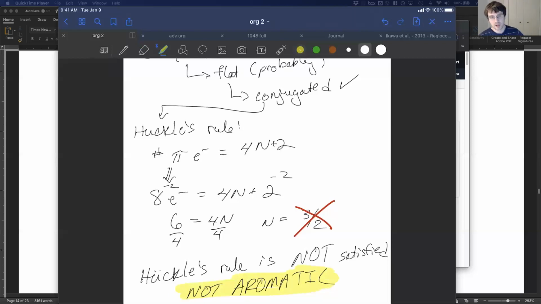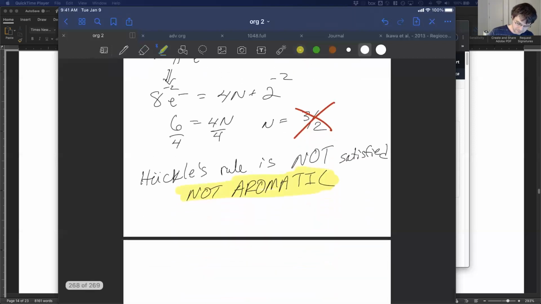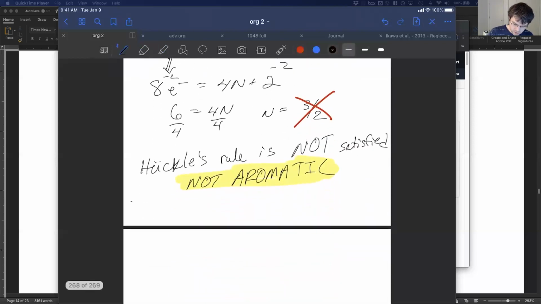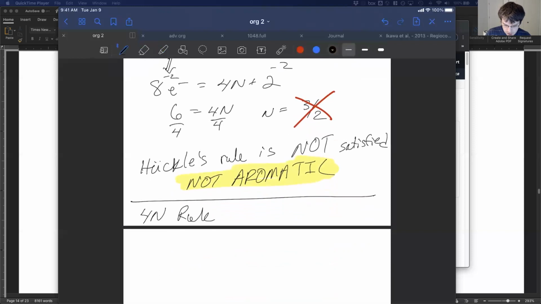Actually, we've got a rule of not aromaticity, but anti-aromaticity that we need to consider. So the next rule to consider is, if we're not aromatic, we should consider the 4n rule of anti-aromaticity.